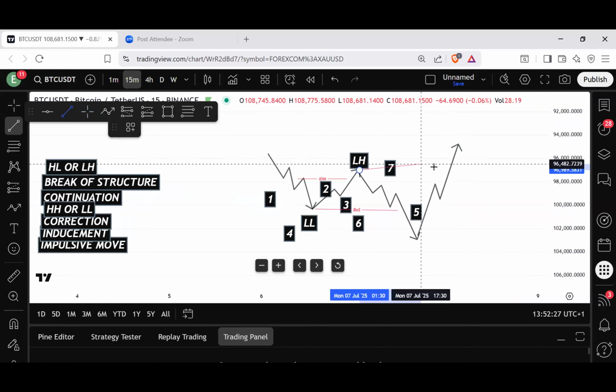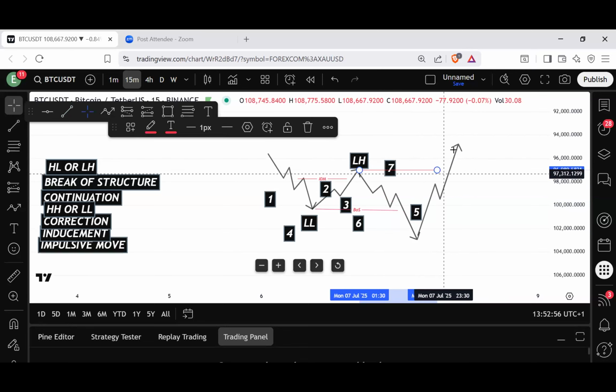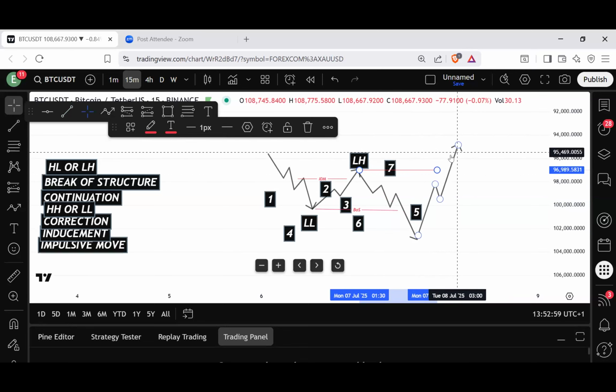So the only thing is that the names are changing in that case, like change of character. Or we can put number 8, because in some cases we can have the downtrend continue like 3 times before you see a correction and this kind of reversal. So we can consider this as number 1 for the new uptrend.